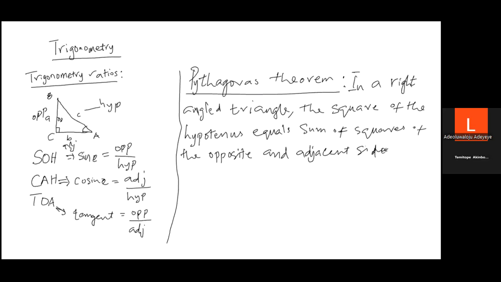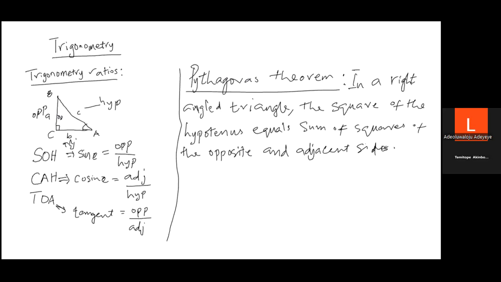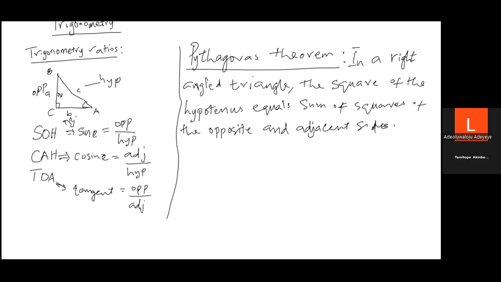So that's how to state Pythagoras theorem properly. The key words there are in a right angle triangle, because the theorem does not hold for all triangles. Is that clear? Yes, sir.